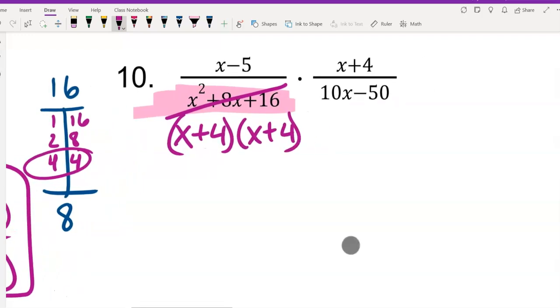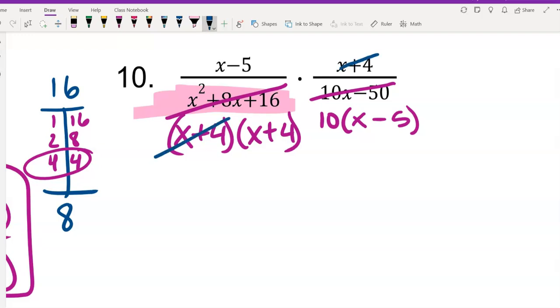This other denominator here, 10x minus 50, what are both 10 and 50 divisible by? Or actually, let's do it this way. Is 50 divisible by 10? Yeah, it is. So we're going to factor out a 10. So we're dividing these both by 10. 10x divided by 10, we have x. And negative 50 divided by 10, we have negative 5. Now we need to cancel things out.